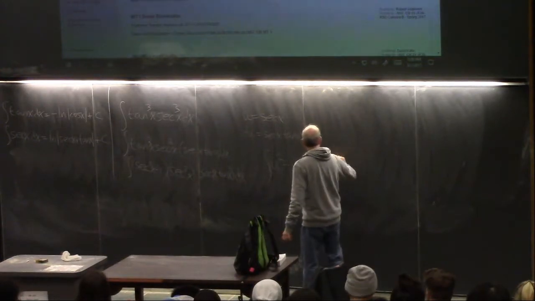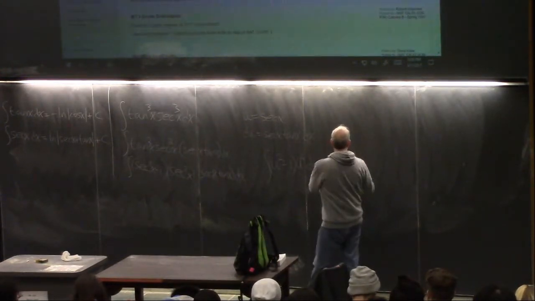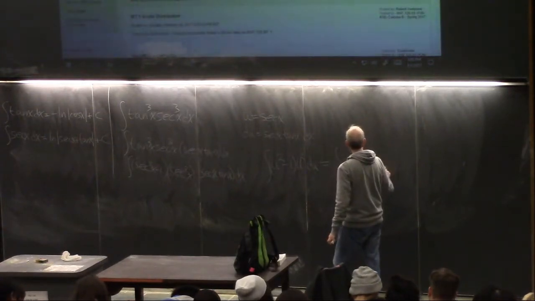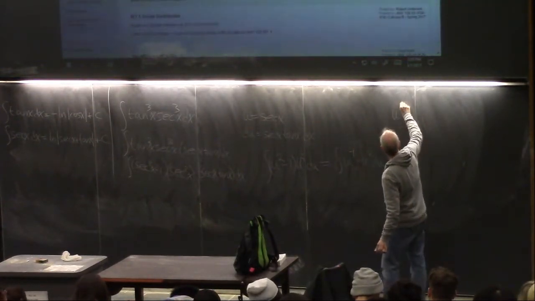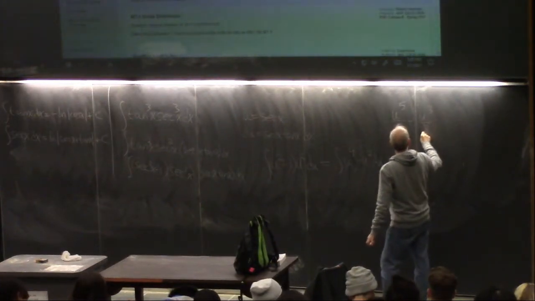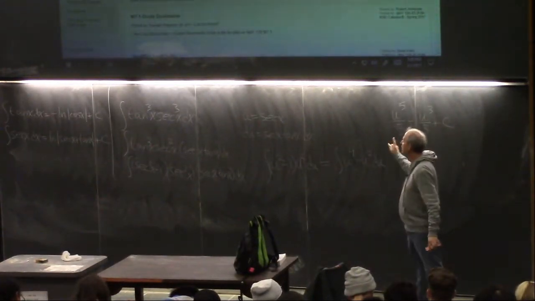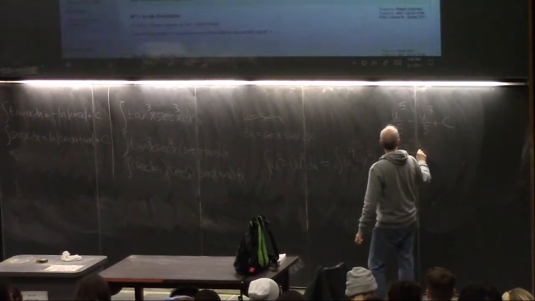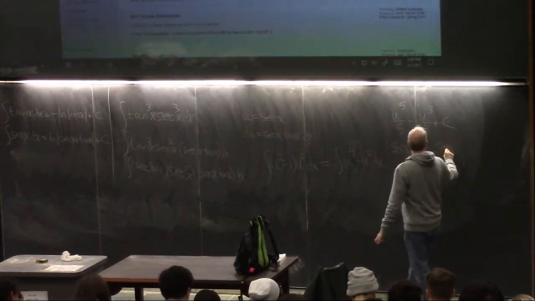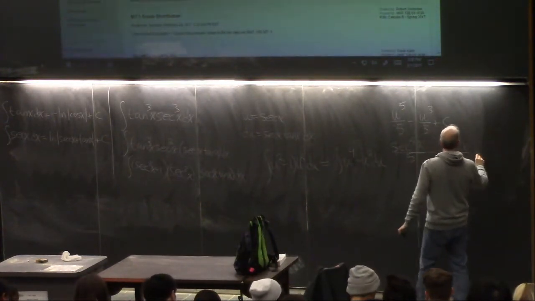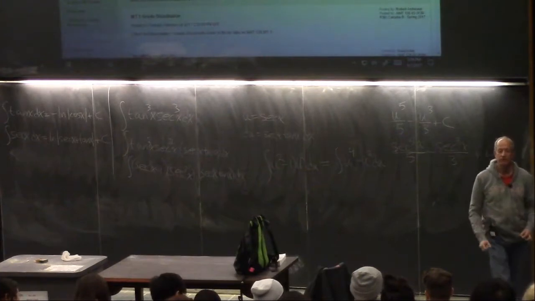So that's u to the 4th minus u squared du. That's u to the 5th over 5 minus u to the 3rd over 3 plus a constant. And substitute back: secant to the 5th x over 5 minus secant to the 3rd x over 3 plus a constant.